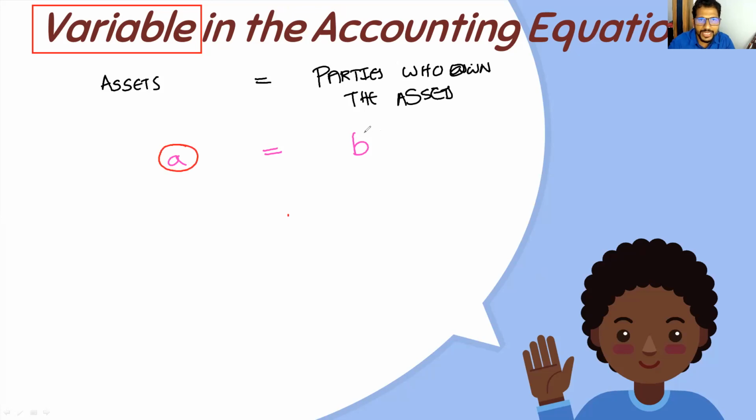A can be changed, also B can be changed. In this accounting equation, there is a non-variable. What is it? In this equation, forget about the first one. In the second equation, A and A equals B, what is the non-variable?